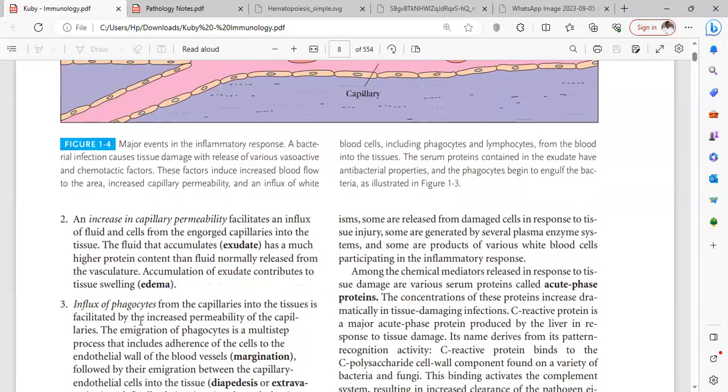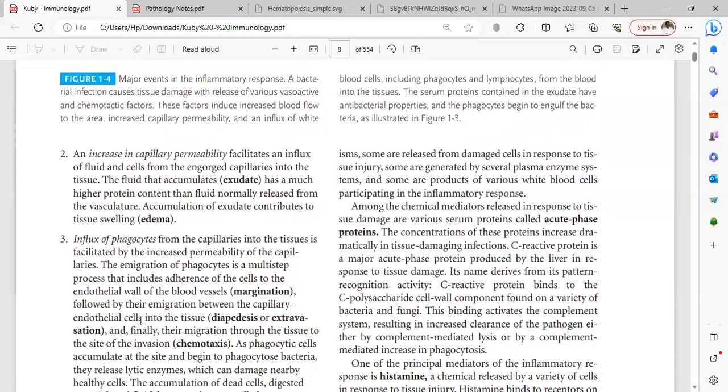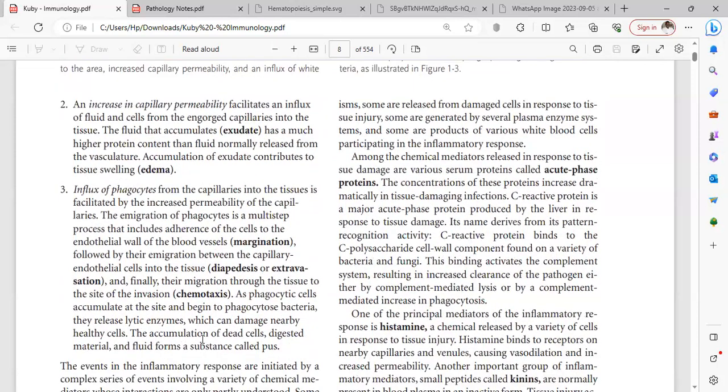Then after that, there will be accumulation of phagocytes from the capillaries. As a result of phagocytosis, there will be a lot of dead cells formed, and these dead cells, most of the time, are what form the pus.